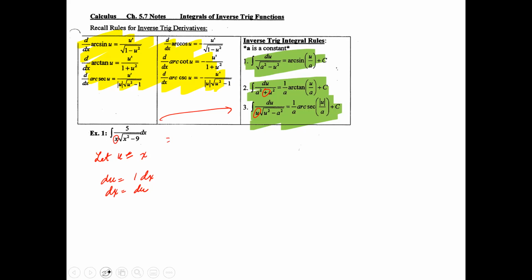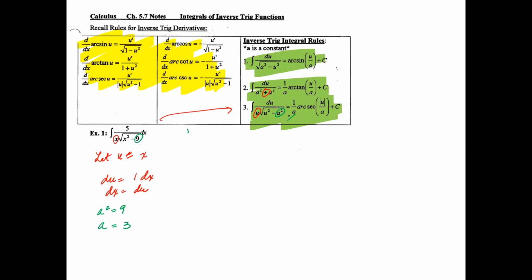So that in addition to the dx equaling du, also take a note that a squared is equal to 9. So that a probably will have to be 3.